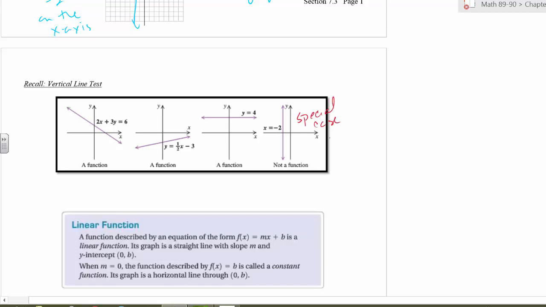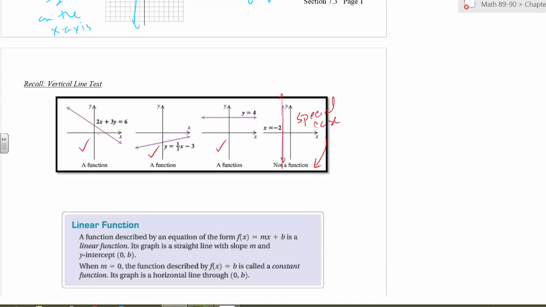This is not a function, because it doesn't pass the vertical line test. I can draw a vertical line here and it crosses more than once, but every other line is a function. So only a vertical line is not a function. There's no y value, so you couldn't write it as f of x equals anything. So that's another kind of hint.